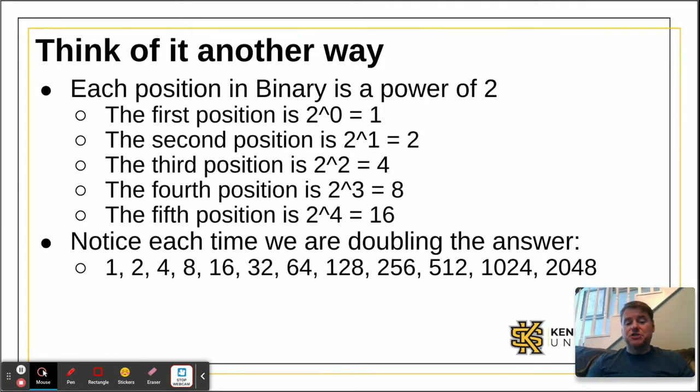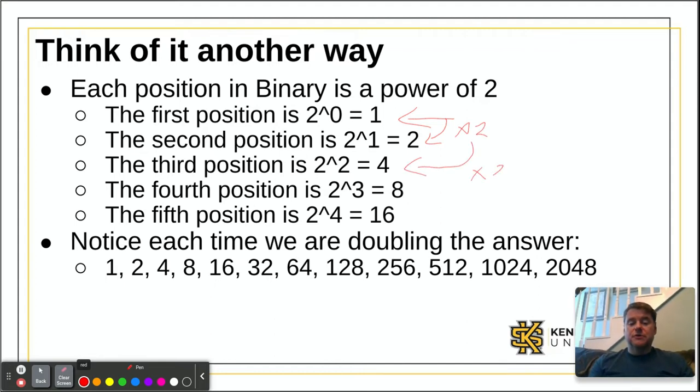And you can go back and double check that. But notice that each time we do the next power, we're doubling the number. And what I mean by that is 1 doubled gives you 2. 2 doubled gives you 4. 4 doubled gives you 8. 8 doubled gives you 16.